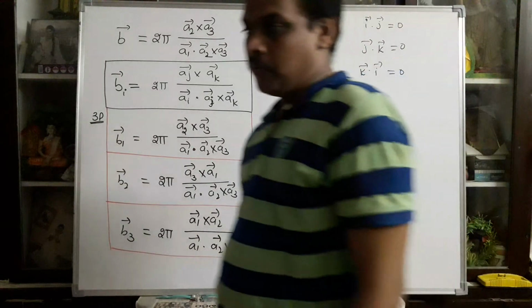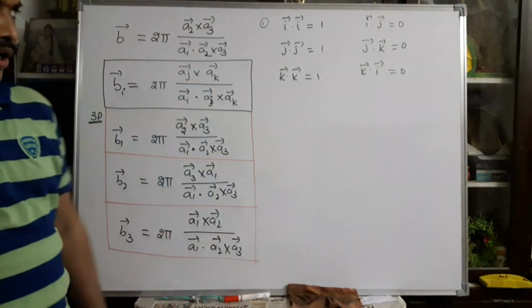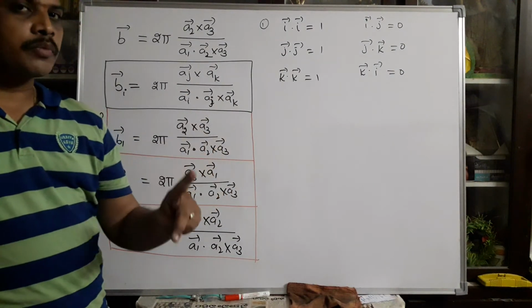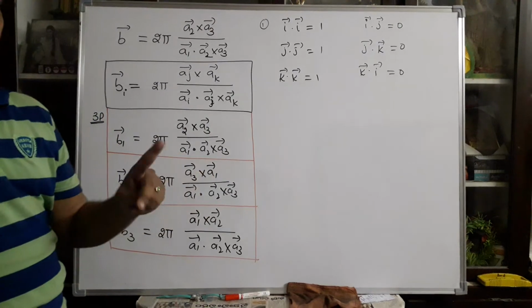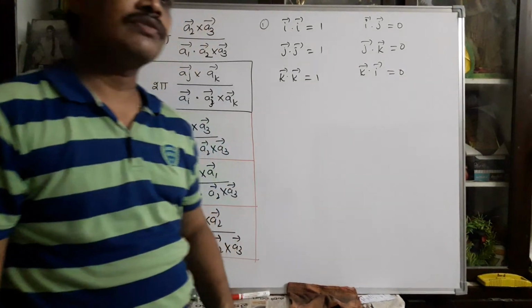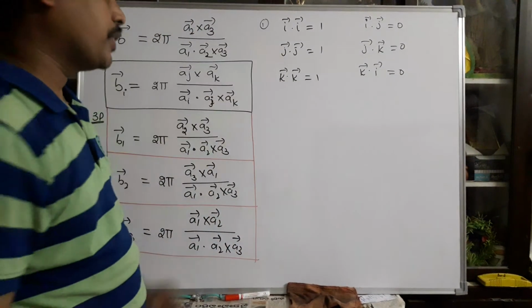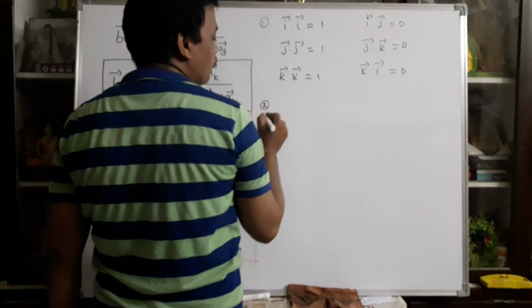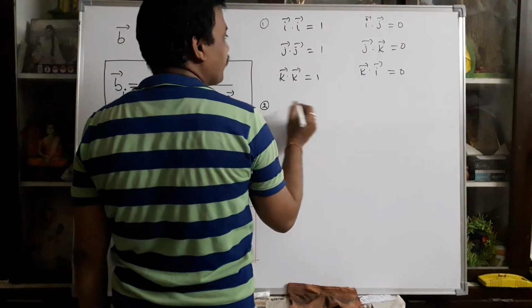In vector multiplication there are two types: one is the dot product, sometimes simply called the scalar product, and the other is the cross product, simply called the vector product.